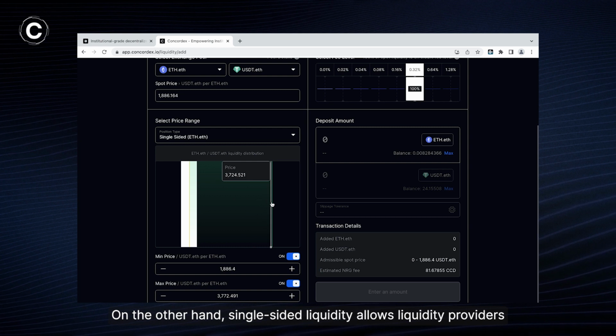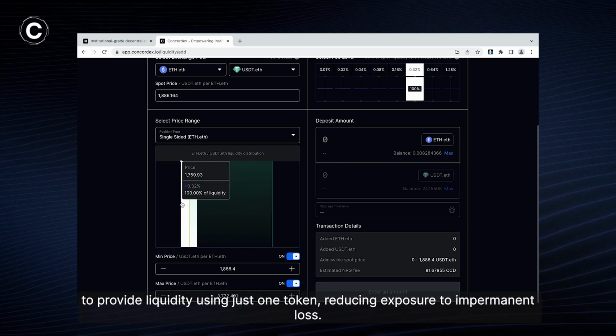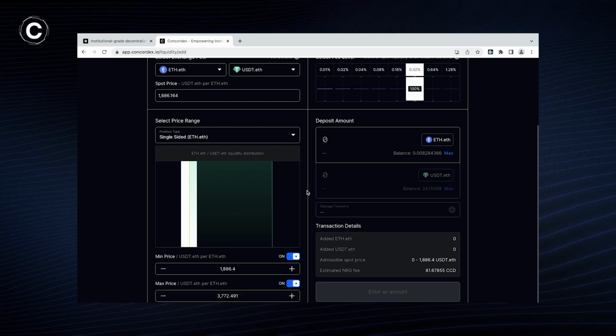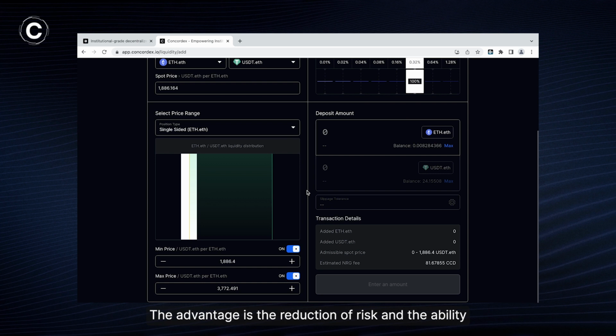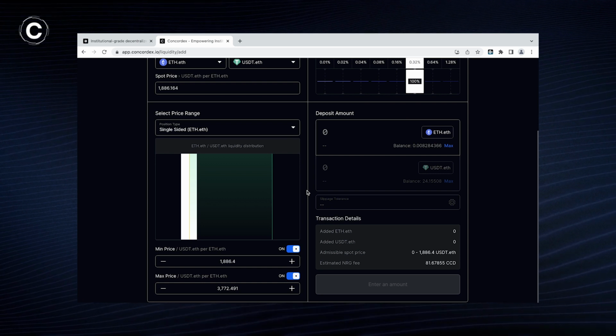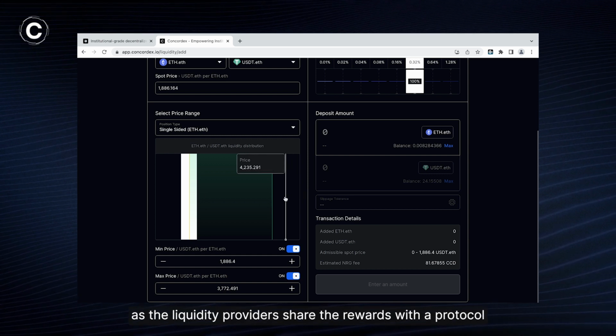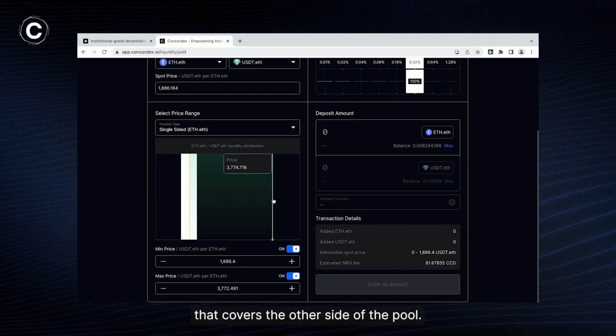On the other hand, single-sided liquidity allows liquidity providers to provide liquidity using just one token, reducing exposure to impermanent loss. The advantage is the reduction of risk and the ability to stay exposed to the upside of a specific token, but the disadvantage is usually lower yield compared to traditional pools, as the liquidity providers share the rewards with a protocol that covers the other side of the pool.